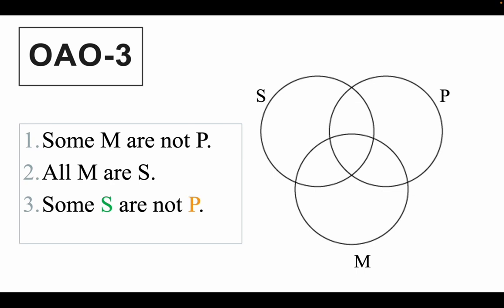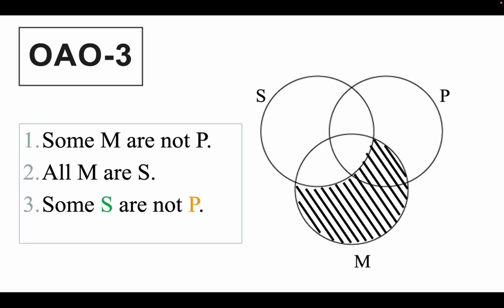All M are S. Okay? Now you go back to the first premise that asks for some M are not P. Now, what is the place to put the X?